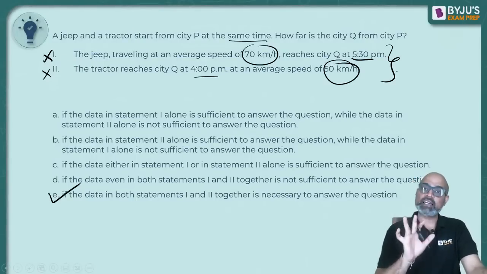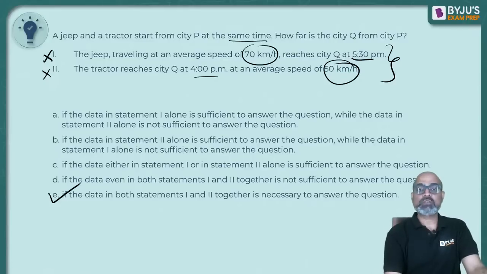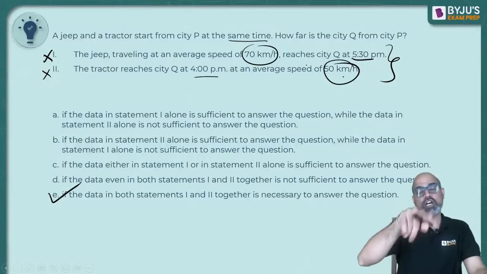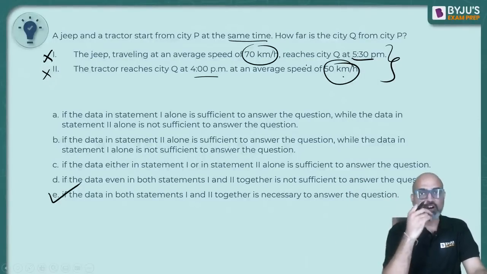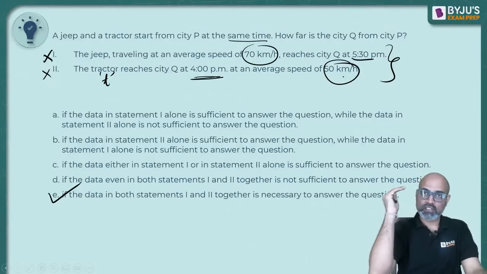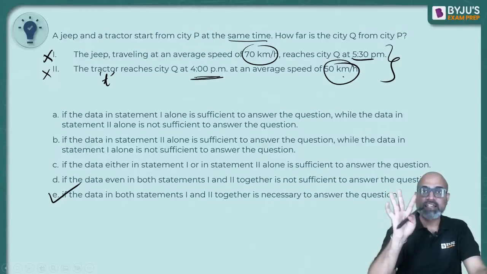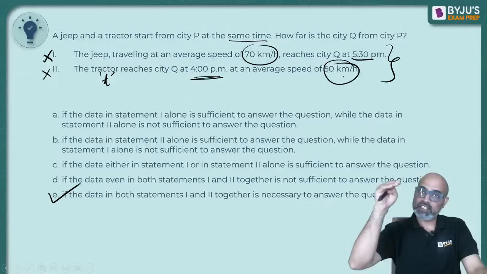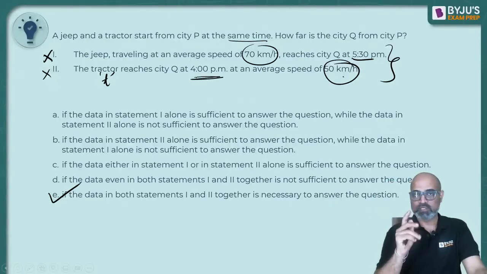Now when you combine them, you know the speeds of both and you know that time taken जो होगा वो उससे 1.5 hours ज़्यादा है. Okay. So suppose the tractor takes T time, so Jeep will take how much time? Think about this. Tractor को आपने invite करा dinner पे, party में. Tractor reached at 4 p.m. So tractor was like, I took T time.